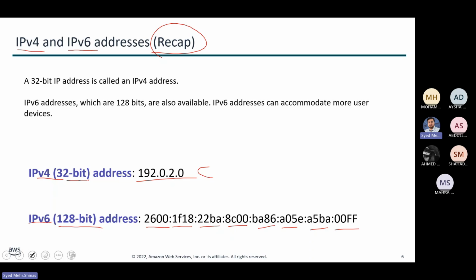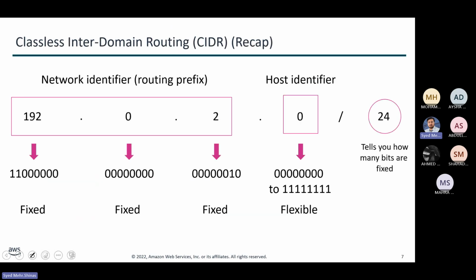Each one is 16 bits, which we call hexadecimal. I don't want to go into detail, you just need to understand that IPv4 is a 32-bit address and IPv6 is a 128-bit address. We already studied these things in detail in our computer network fundamentals class.